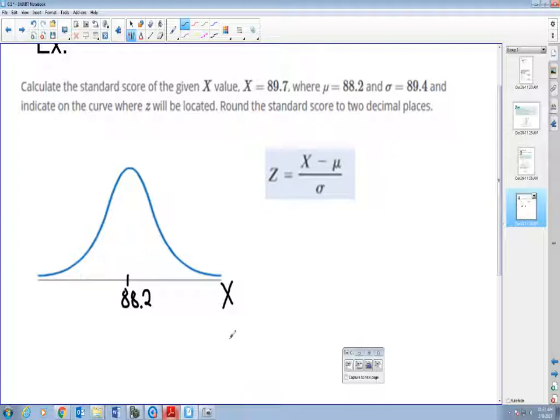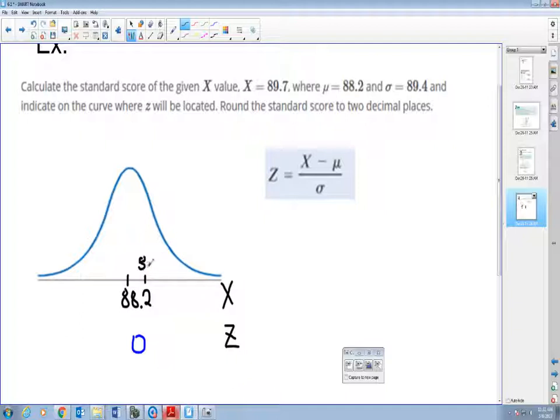Alright, so what we want to do here is standardize this. So under the z-score, the mean is always going to be 0. Okay, so when it says calculate the standard score, that means calculate the z-score. So for my z-score, the 89.7 is about right here, a little bit to the right.